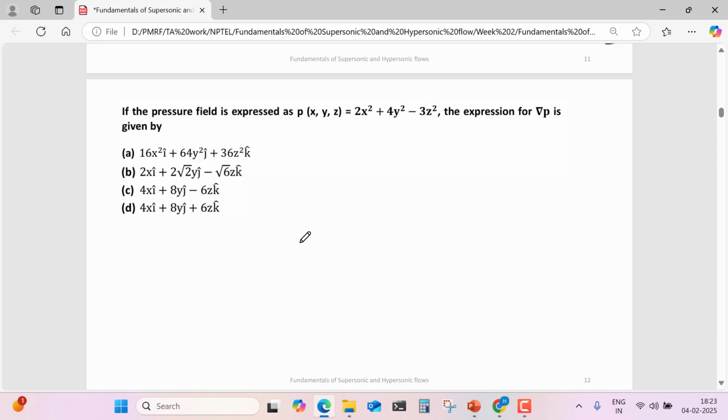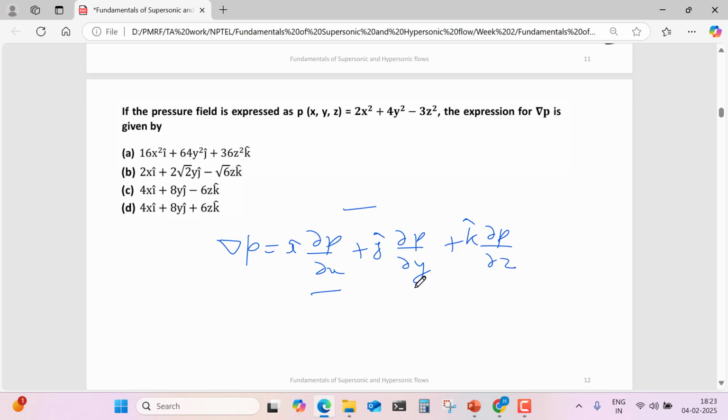Okay, this question was in last year's paper. If the pressure field is expressed as P(x,y,z) equal to 2x square plus 4y square minus 3z square, the expression for del P is given by. So we have seen del P is i ∂P/∂x plus j ∂P/∂y plus k ∂P/∂z.